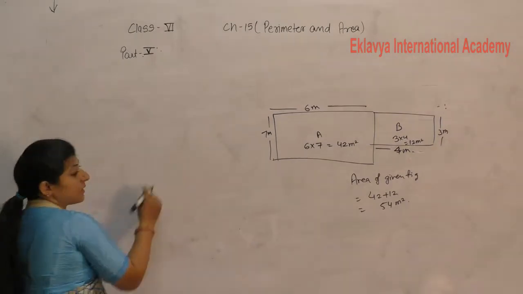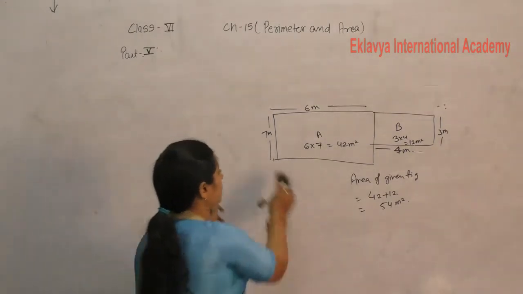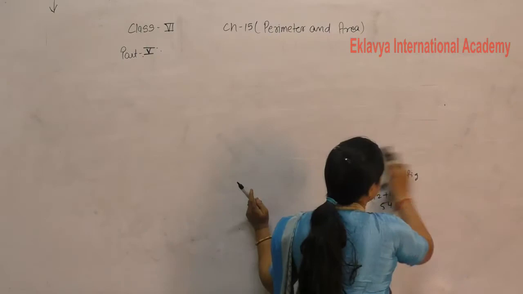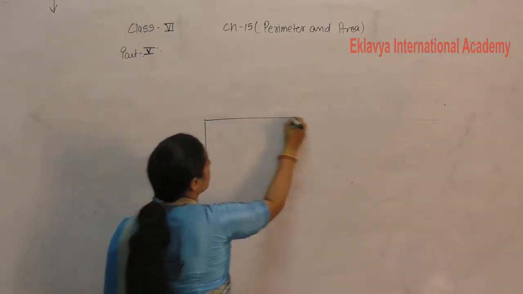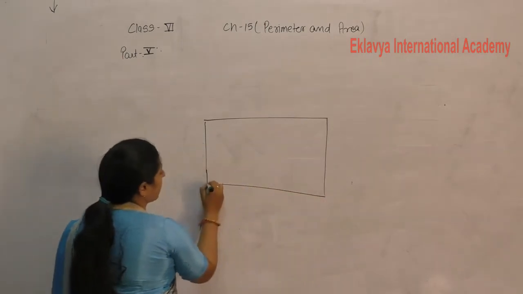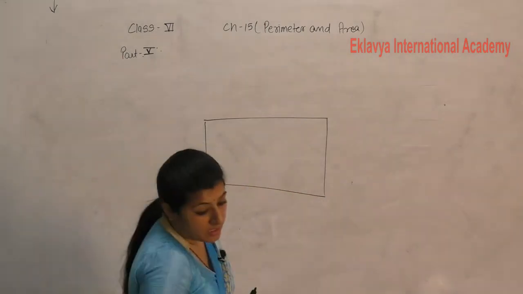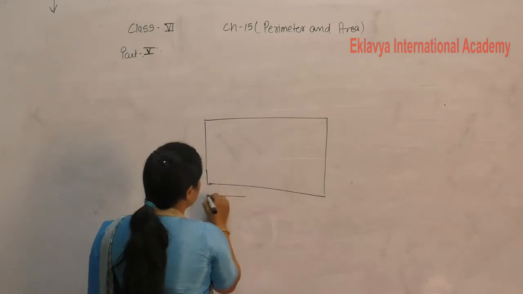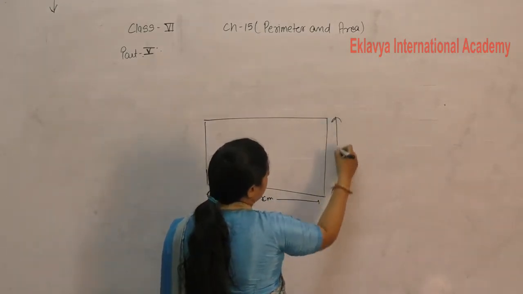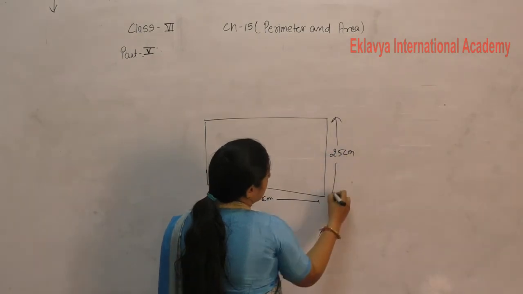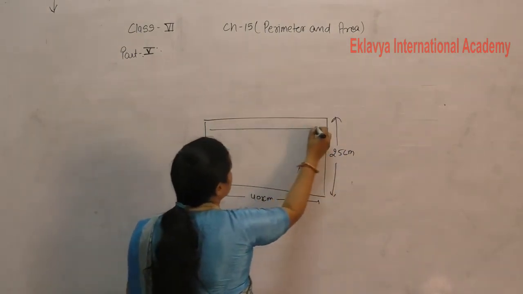Similarly, suppose this type of figure is given to you. One rectangular field is given to you. This is 40 centimeter and 25 centimeter. There is a path inside.